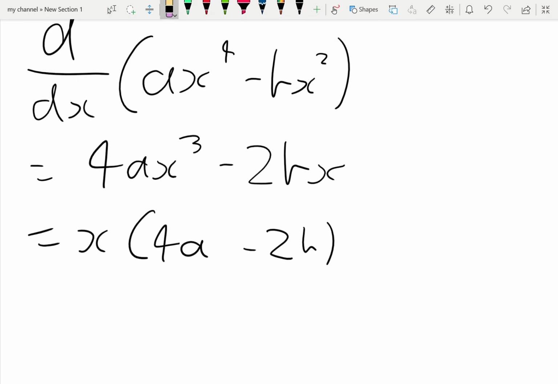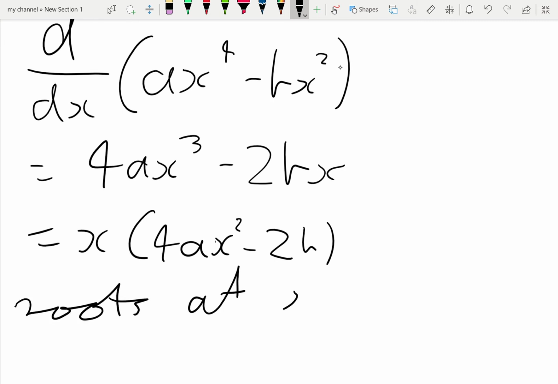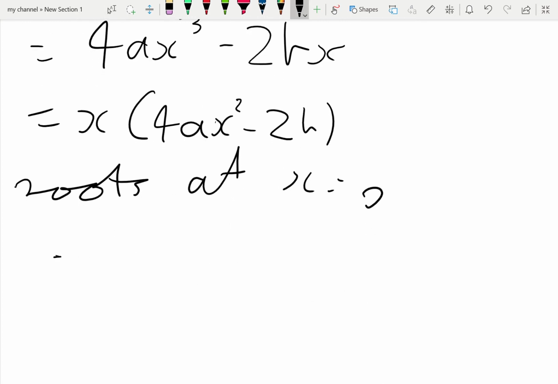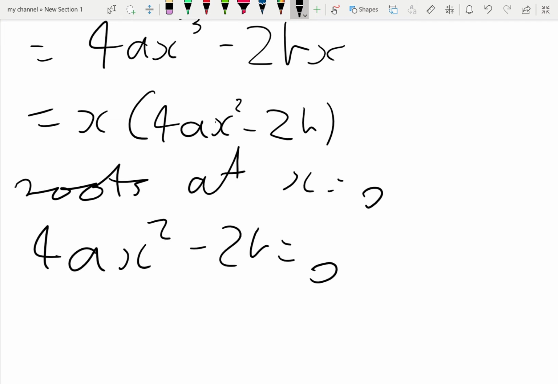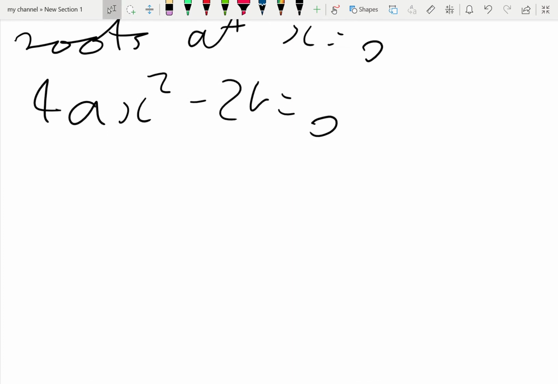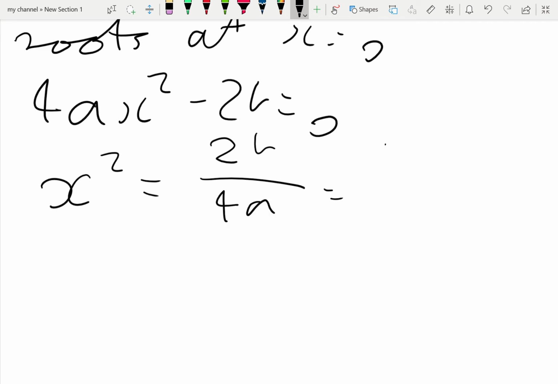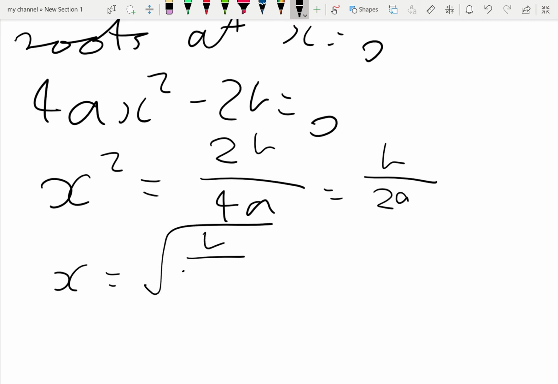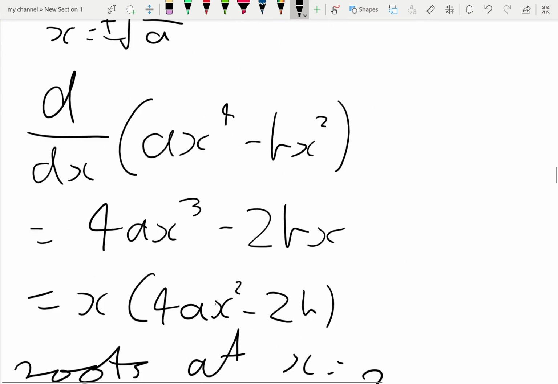Sorry about that, it should be 4ax squared. We have roots for this derivative at x equals 0 and 4ax squared minus 2b equal to 0, which gives us x squared is equal to 2b over 4a, which equals b over 2a, so x equals the square root of b over 2a, plus or minus.